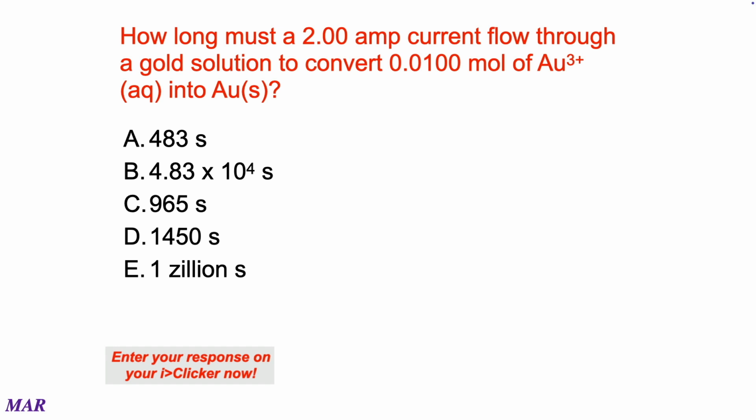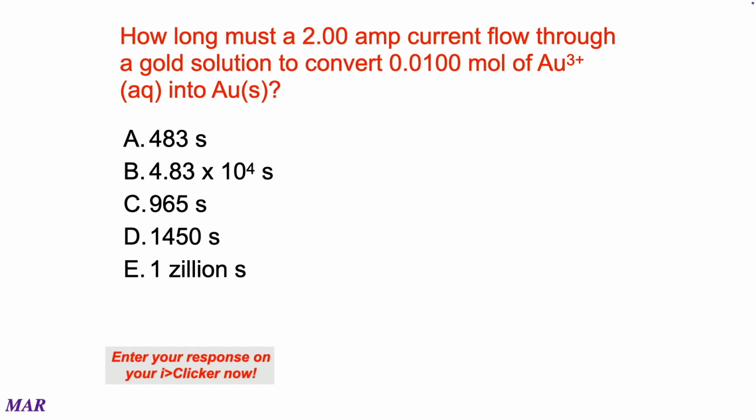Cool. So these kinds of questions either give you time and want to know an amount, like moles or grams, or, in this case, you're starting with an amount and you want to know the time elapsed. This is one of the time questions, but it's a similar process if you have to find the amount. So in this problem, I would start with 0.0100 moles of gold, and I need to figure out how many moles of electrons we need.